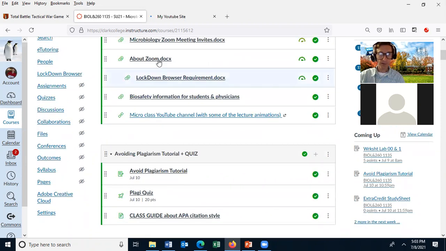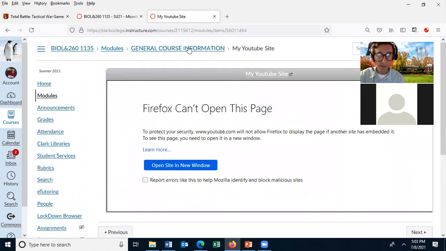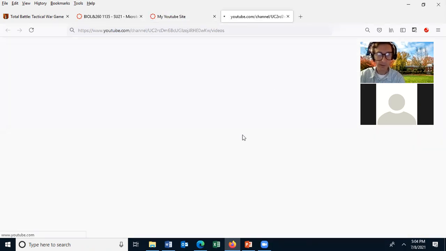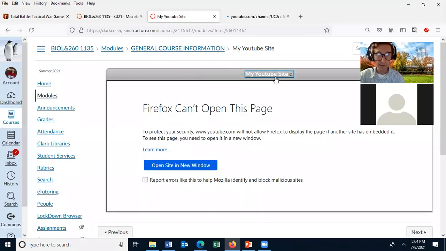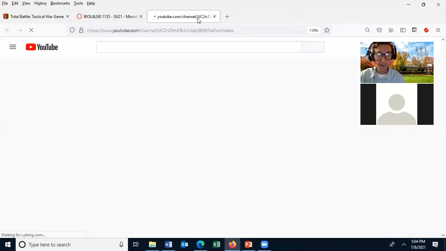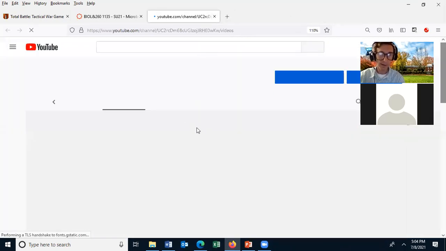Some information about Zoom and about the lockdown browser requirement. Don't forget, you need to download the lockdown browser. Some of these sites will not run inside of Canvas, and they'll give you a link, like right here, and you click on it, it then goes to my YouTube site in another window that's not within Canvas.